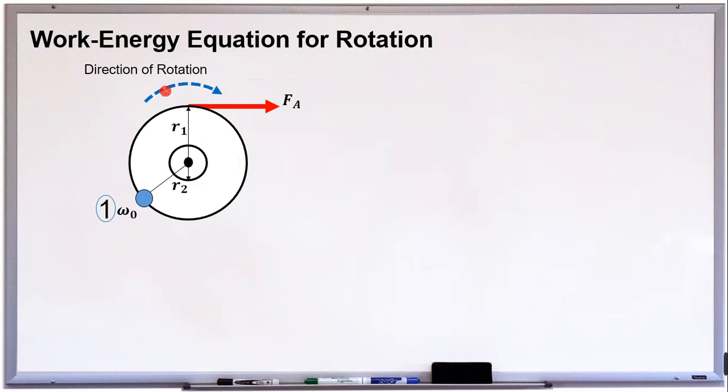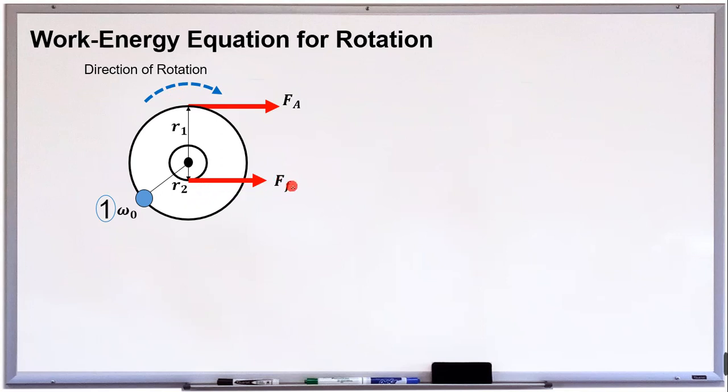So this is now our direction of rotation. The direction of the resulting moment will also match the direction of our rotation. And suppose we also have an opposing moment.